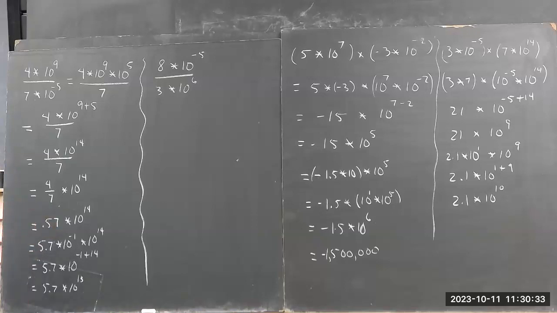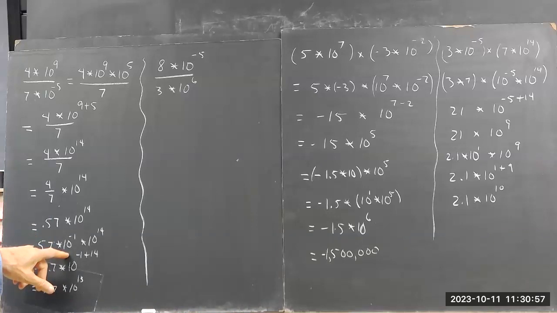4/7 is approximately 0.57. We can use more significant figures if we wish, depending on the context and exactly what we're trying to accomplish. But for an illustration, 0.57 is perfectly okay. Okay. Now 0.57 is not between 1 and 10. So we have to write the number 5.7 here.